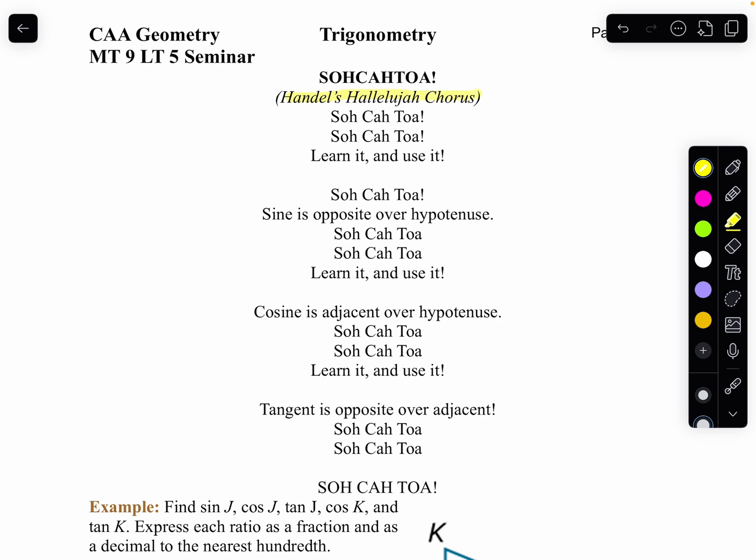SOHCAHTOA, SOHCAHTOA, learn it and use it. SOHCAHTOA, sine is opposite over hypotenuse. SOHCAHTOA, SOHCAHTOA, learn it and use it. Cosine is adjacent over hypotenuse.